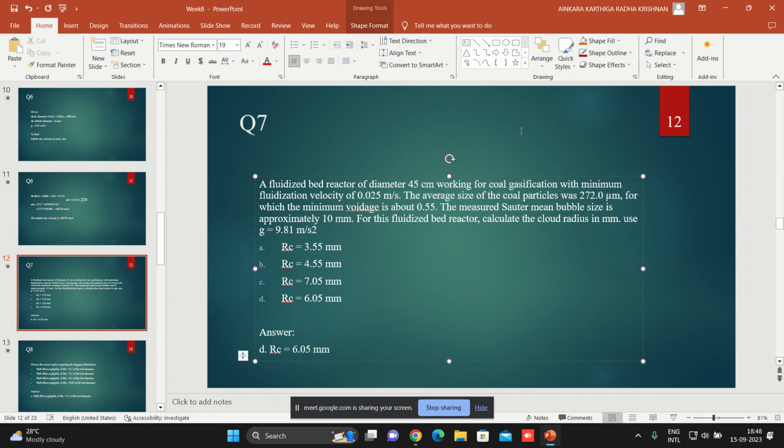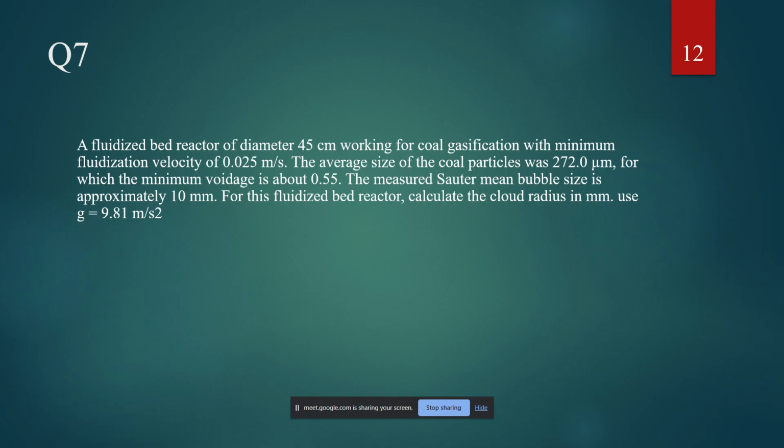The average size of the coal particles was found to be 272.0 micrometer, for which the minimum voidage is about 0.55. The measured sorter mean bubble size is approximately 10 mm. For this fluidized bed, calculate the cloud radius in mm. Use G is equal to 9.81 meter per second square.